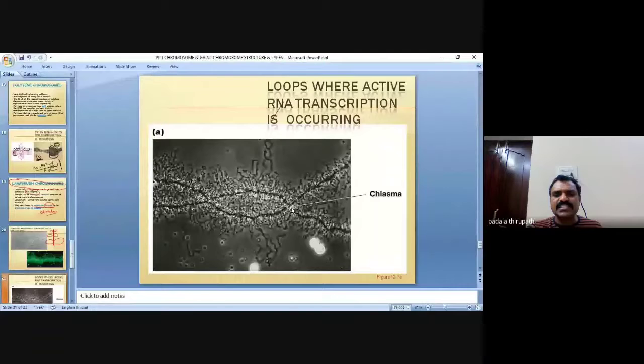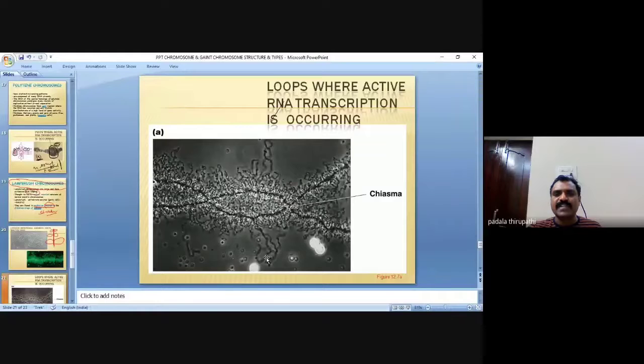Chiasma means an X-shaped structure in the division, like pachytene. This is the third stage of prophase 1 of meiosis 1, the pachytene stage, where we observe chiasma. See here, this is one chiasma and this is another chiasma, and this chromosome has a number of loops.